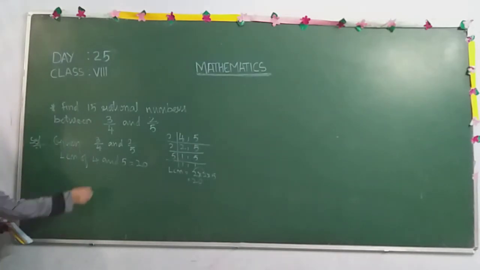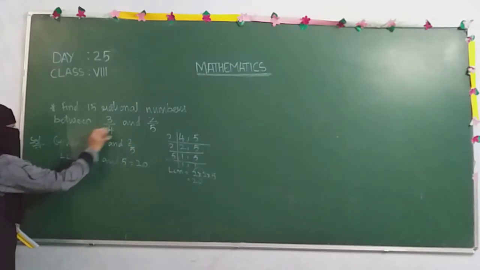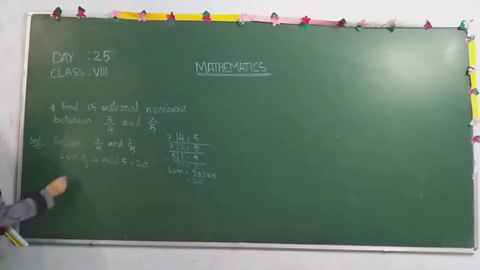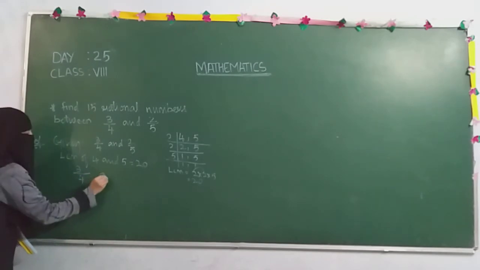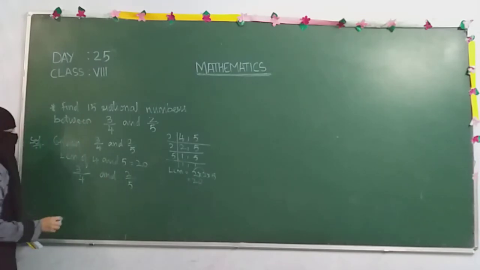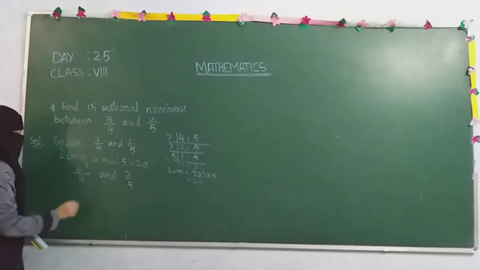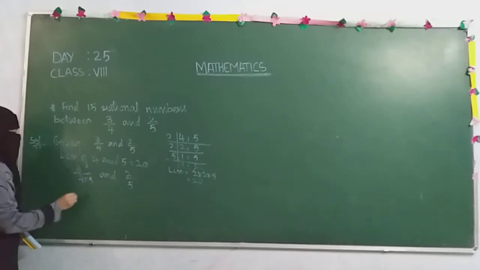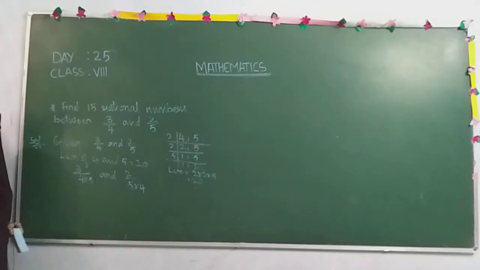Now this 20 we got, and we have to make the denominators equal. So first I will take the numbers 3/4 and 2/5. To them we have to make the denominator as 20. So 4 times 5, 5 times 4.